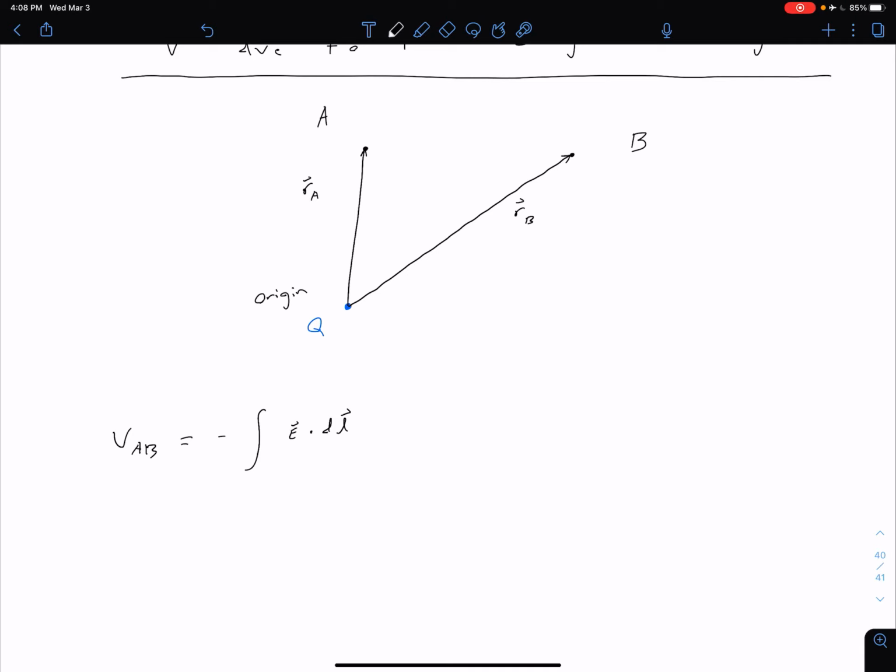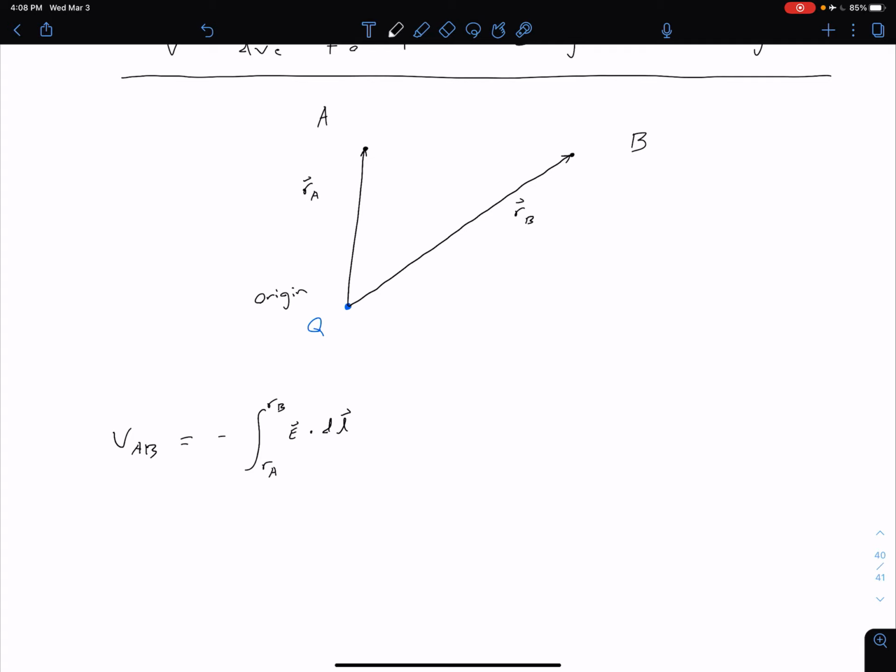So our limits on integration then become from RA to RB because we want the potential at B relative to A. Again, keeping in mind that this notation VAB is opposite of what we see in some of our other electrical engineering classes.